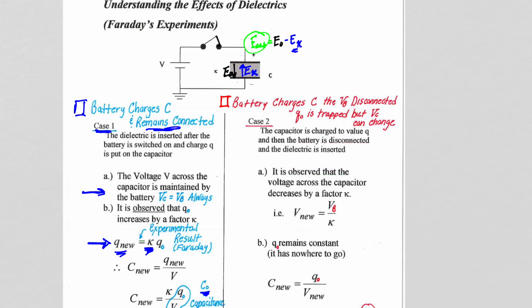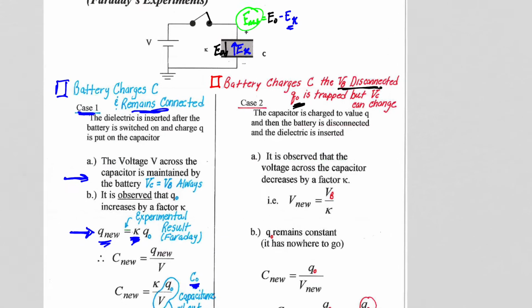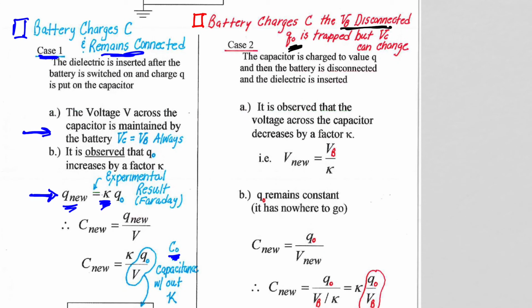But now, instead of leaving the switch closed, we disconnect it after it is charged, trapping the original charge. So the original charge cannot change, but what does change, we see, is the voltage.